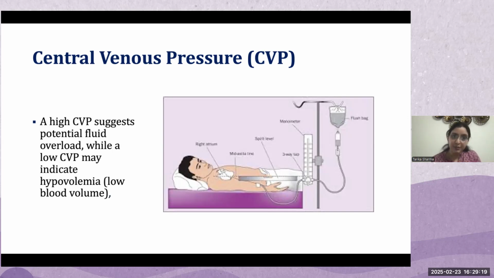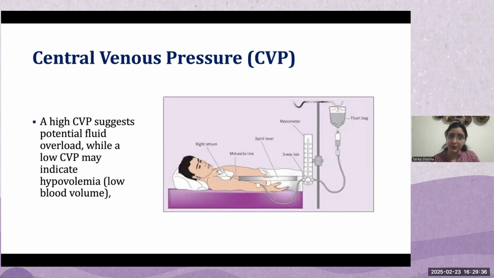On the basis of CVP, you assess whether the person needs fluid or not. If a person has been put on a central line, he will be placed with a transducer. If the transducer is not there, he will be put on a water manometer, where you assess the central venous pressure.